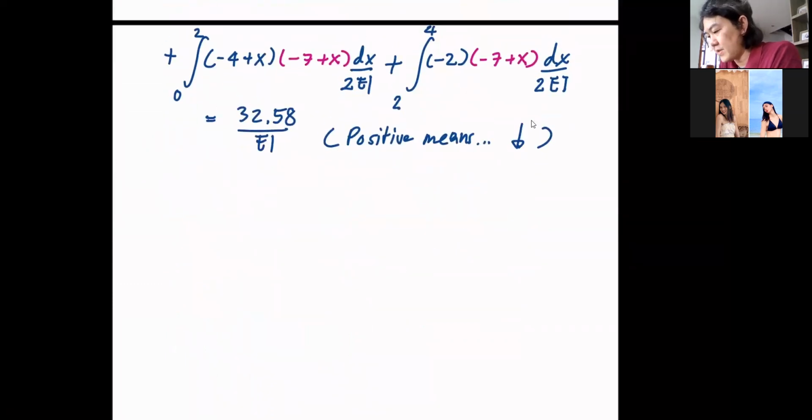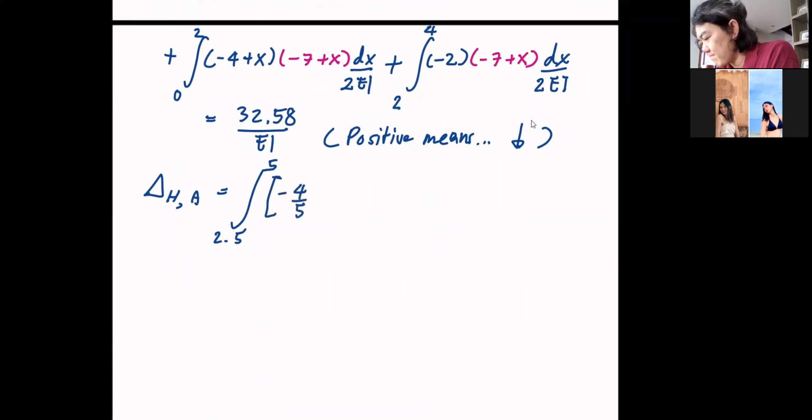Okay, so the second one, the horizontal deflection at A, it's going to be integral. First one again, 2.5 to 5, and now we have the same function. Minus 4/5 x minus 2.5.